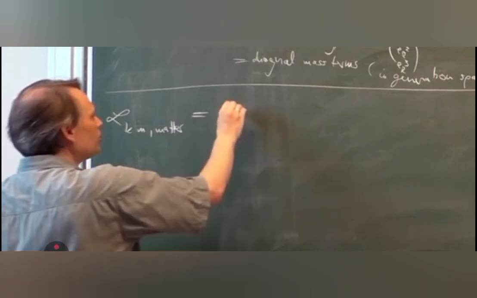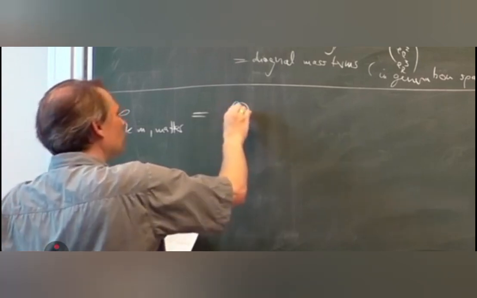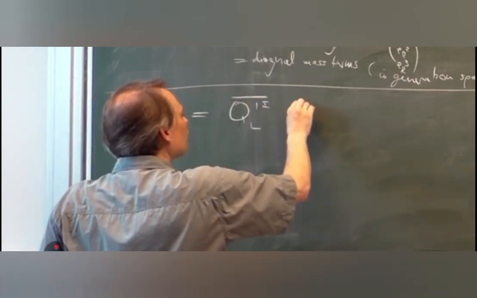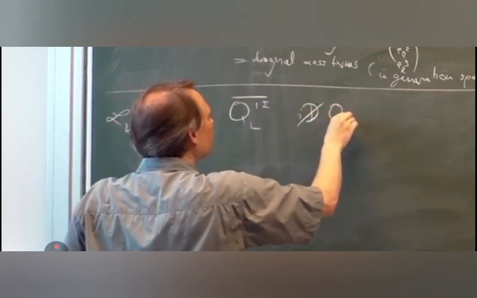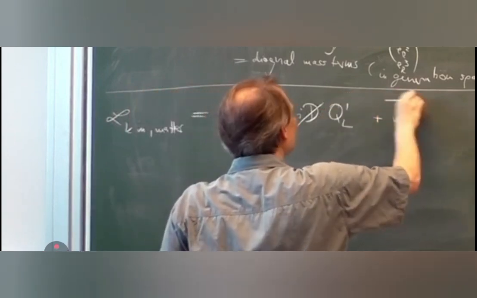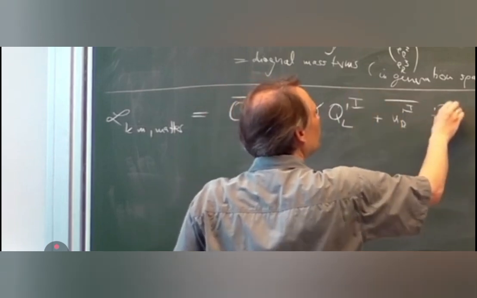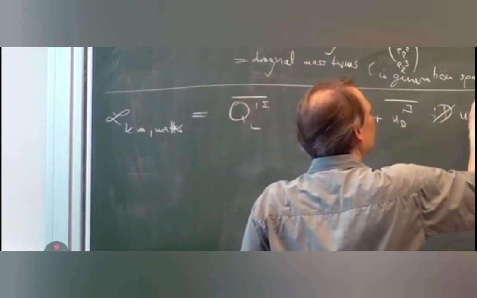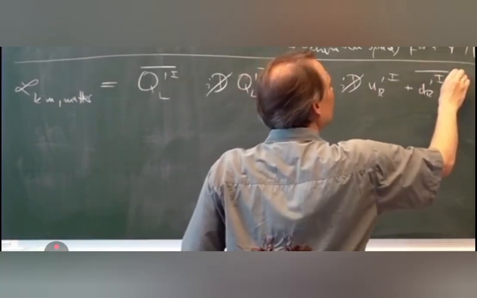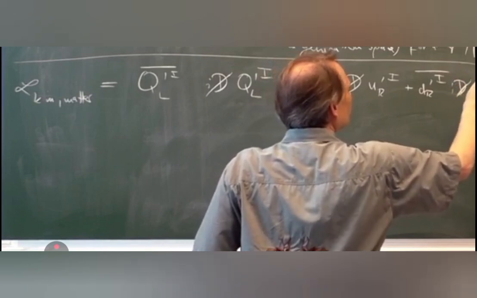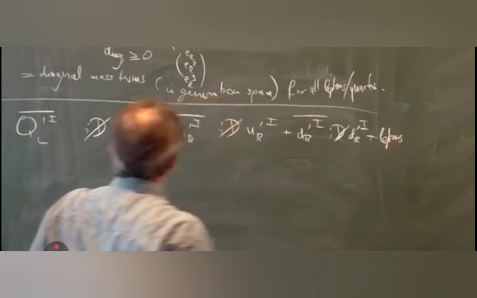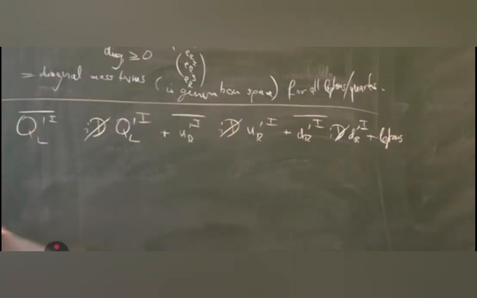For example, we have the term Q_L' bar i∂-slash Q_L' plus U_R' bar i∂-slash U_R' plus D_R' bar i∂-slash D_R' plus the leptons. The leptons are obviously simpler than the quarks, so let's look only at the quarks.